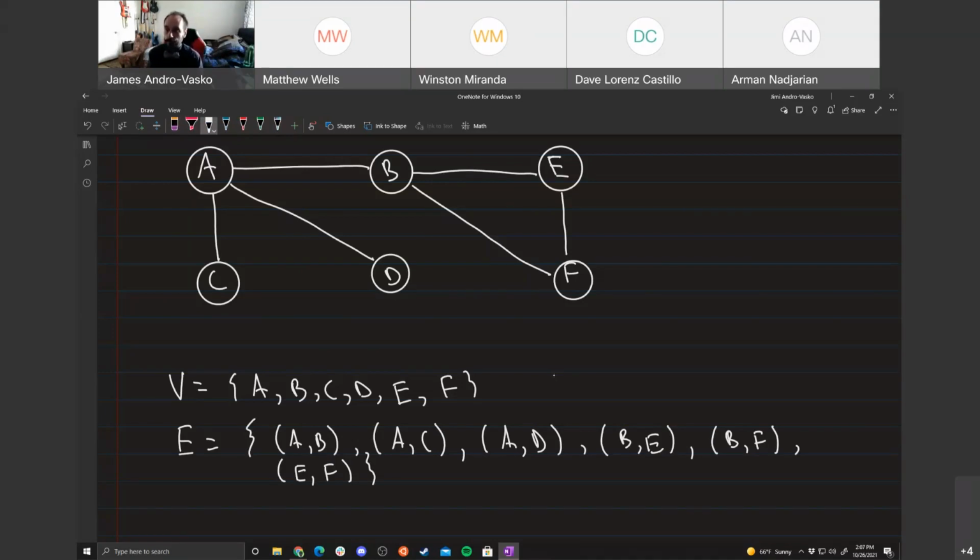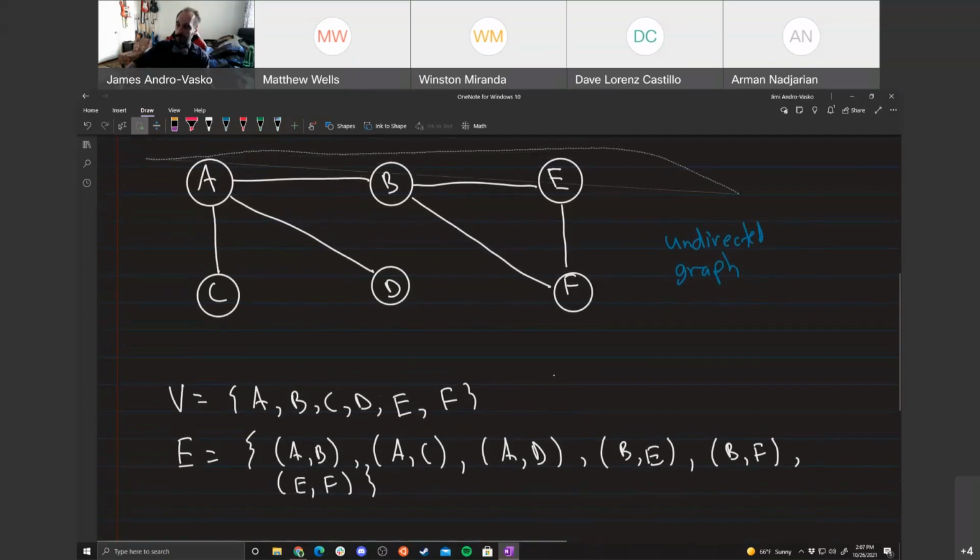Now, this example right here is going to be an undirected graph, since the edges or these lines do not have any arrows associated with them. For a directed graph, I'm going to copy all of this and draw a version of it that's for a directed graph.